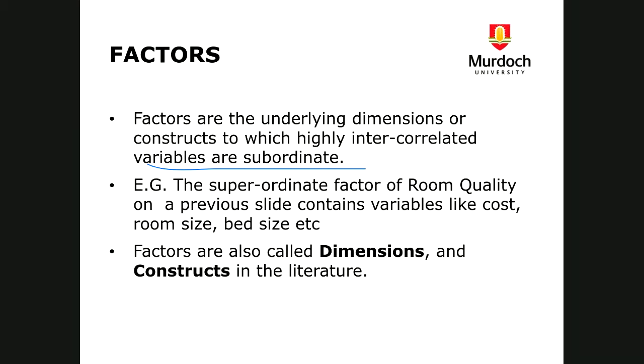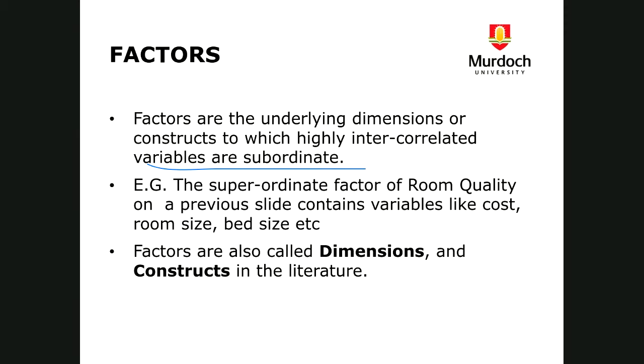And so, for example, the superordinate factor of room quality on the previous slide contains variables like cost, room size, bed size. So when you read cost, room size, bed size, this is relevant to the room. So if we calculate them using SPSS, SPSS is going to discriminate those variables and put them together, saying that, okay, you belong to one group. Now, SPSS, as I told you, is not going to tell you what the title is.